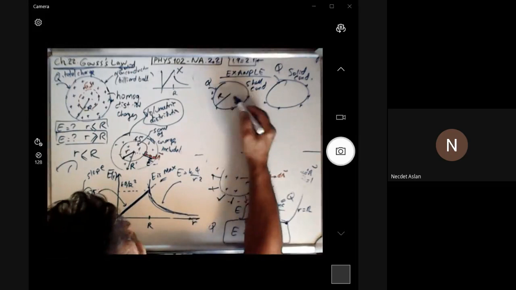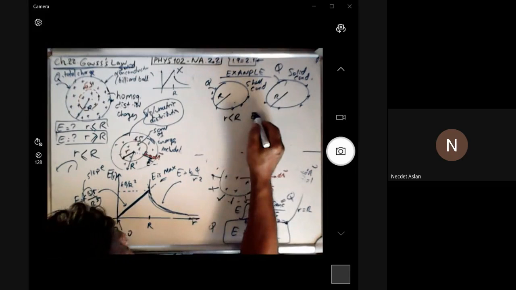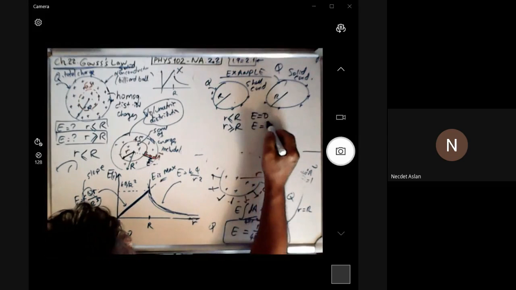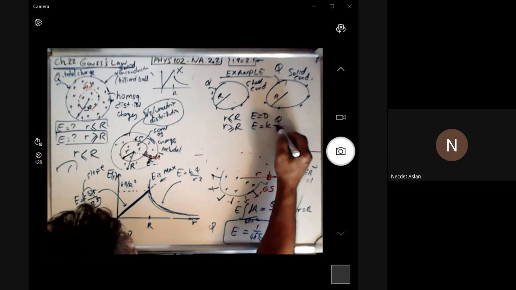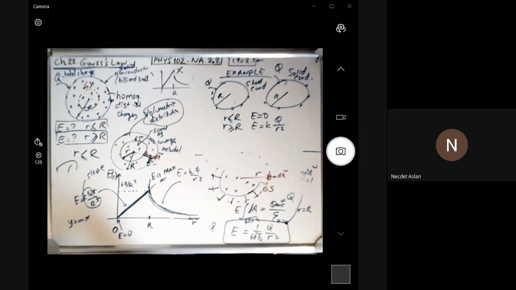So the radius is R. Now, when r is less than R, electric field is 0. But when r is greater than or equal to R, electric field is just given as kQ over r squared. We have solved this earlier. It doesn't matter if it is point charge or the spherical charge distribution.